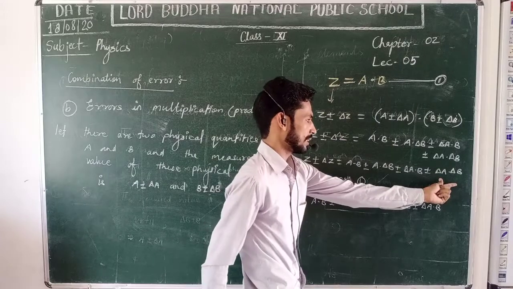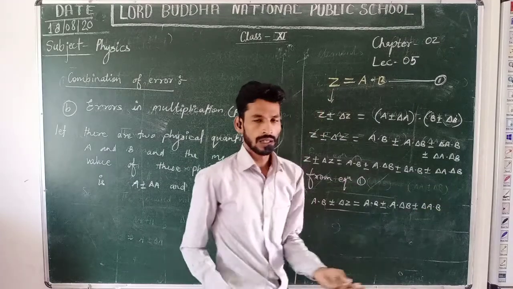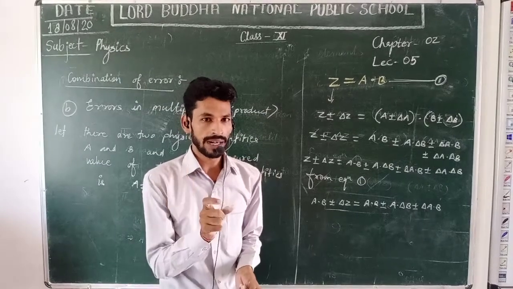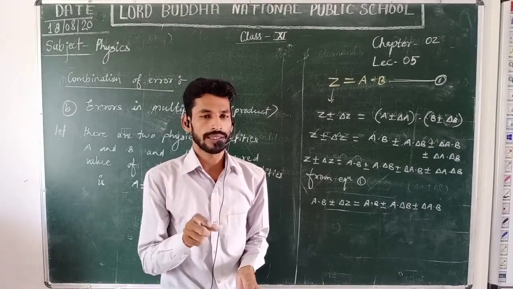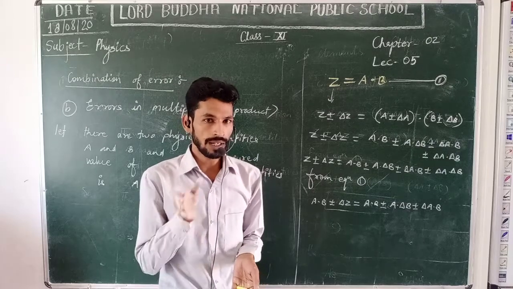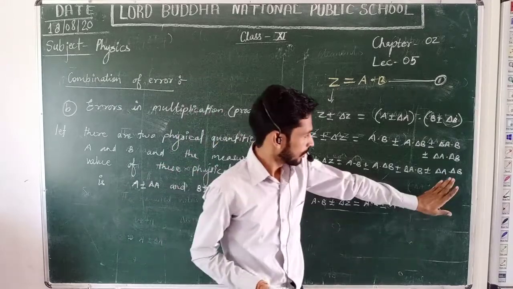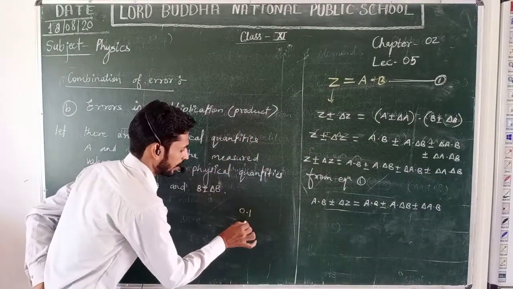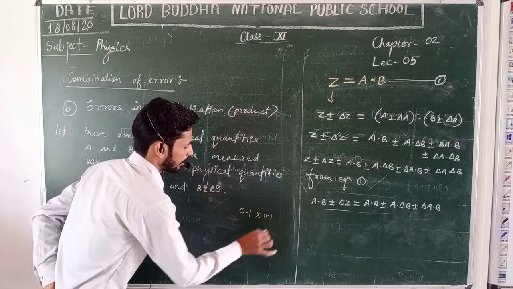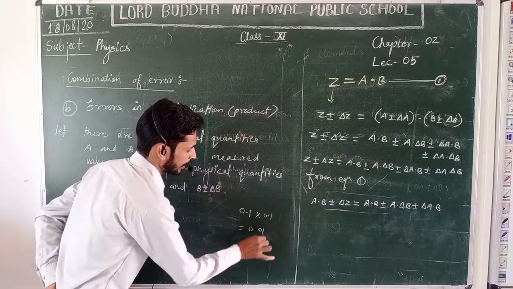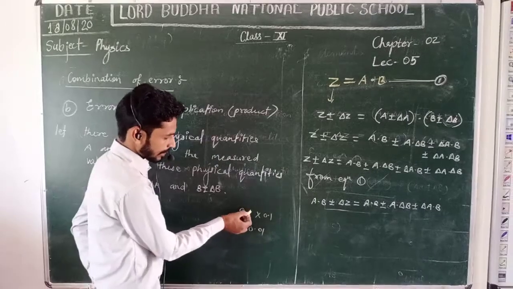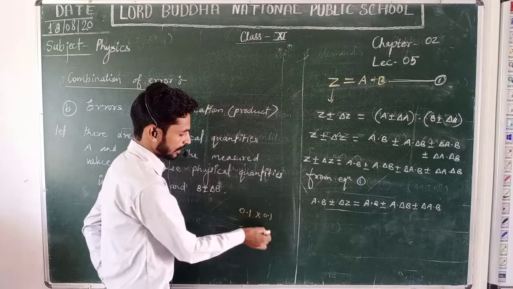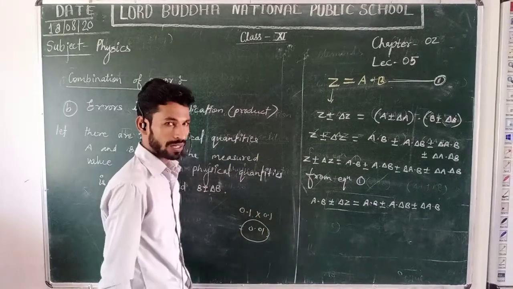But we ignore the last term, because when two very small quantities are multiplied together, the final result is even smaller. Suppose 0.1 is multiplied by 0.1, this will be 0.01. That is also a small quantity, and when we multiply both quantities, the final result is lowered again.